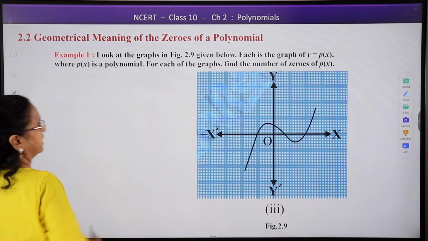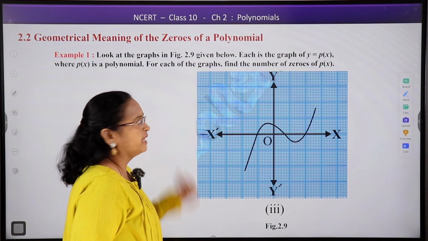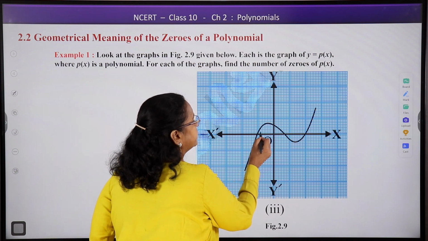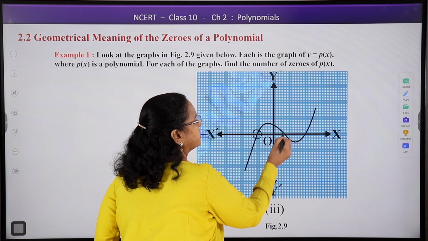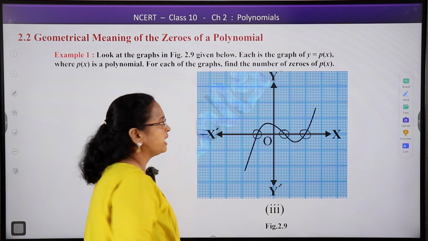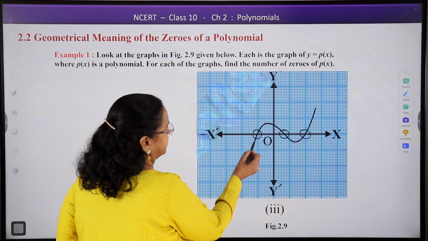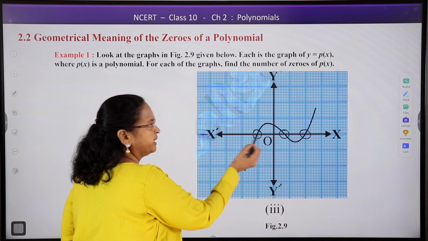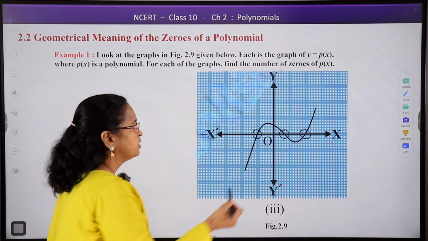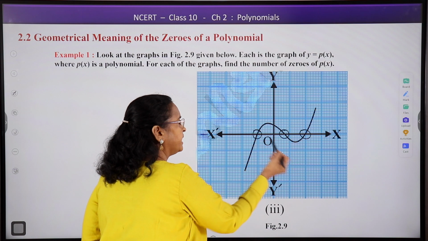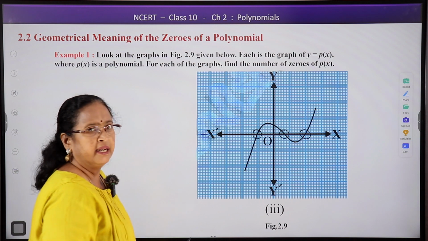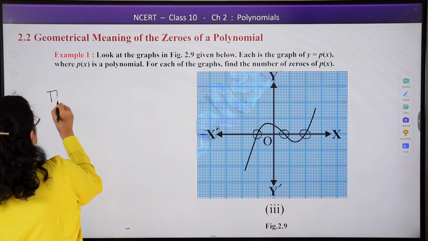Now coming to the third. This is a graph. The graph touches at how many points? 1, 2, 3. You are absolutely right. The graph touches the x-axis on the negative side at 1 point and on the positive side at 2 points. So in total 3 points. So when the graph touches the x-axis at 3 points, the polynomial p(x) has 3 zeros.